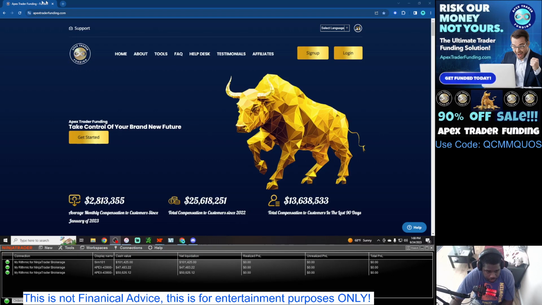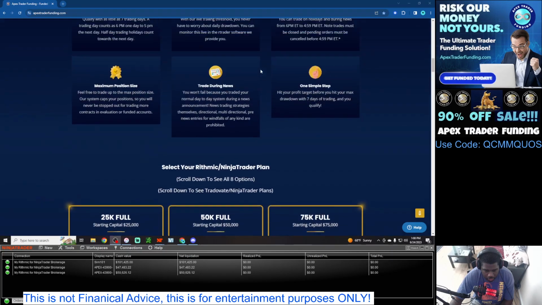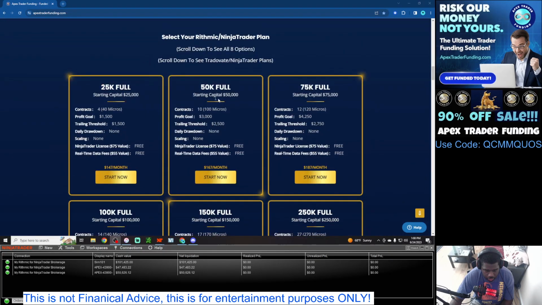So first off, you'll go to apextraderfunding.com. If someone gives you a referral link, you just click the referral link and they'll set you up when you go to the actual account setups, which are these ones here. You'll have a Rithmic and a NinjaTrader plan, which personally is the one that I use.